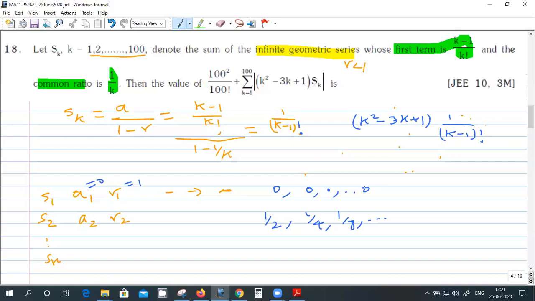Why have they given mod? This thing can become negative in between the roots.